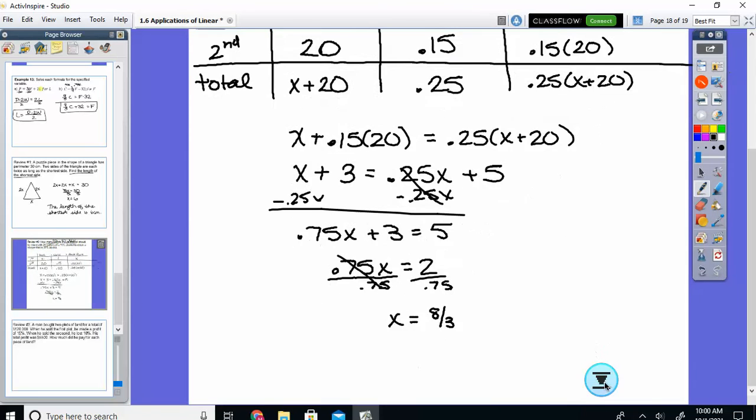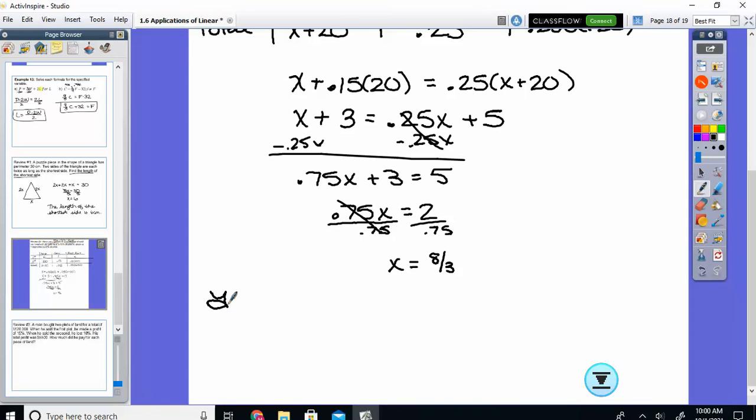So the question said, how many gallons of the pure alcohol? What did we say, 2.6 repeating?